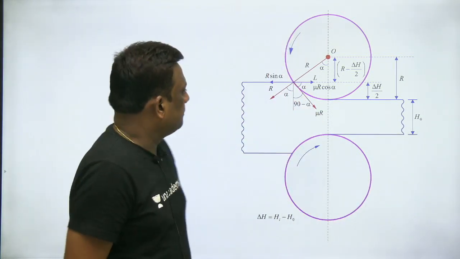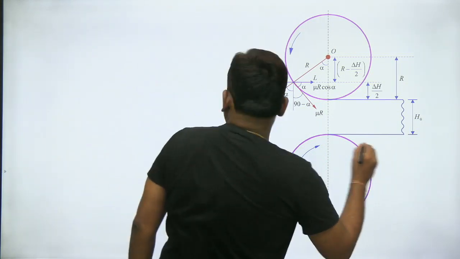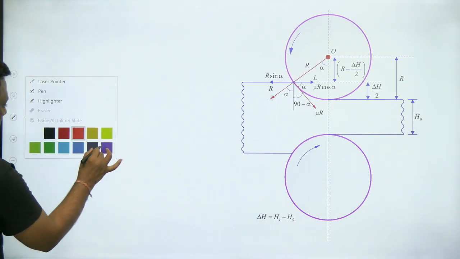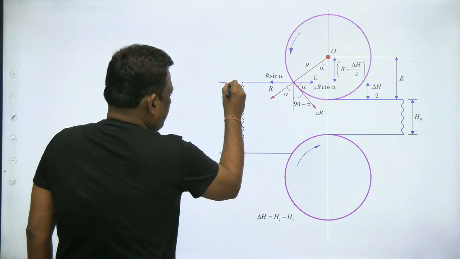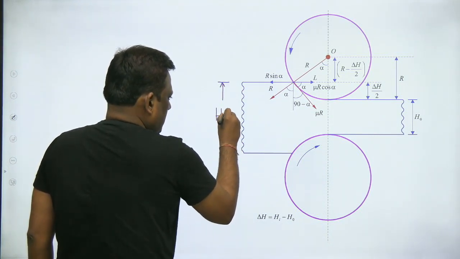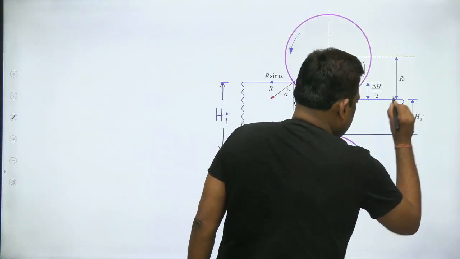Let's continue. Let this be the initial thickness Hi, and this be the final thickness, which is H0.